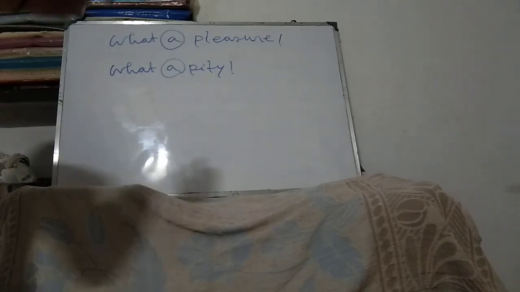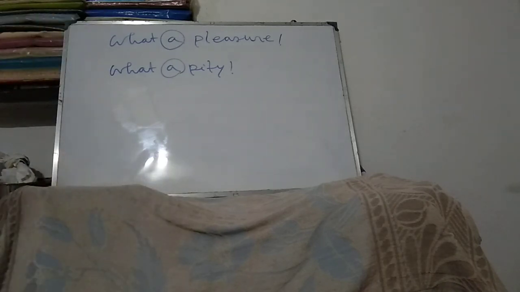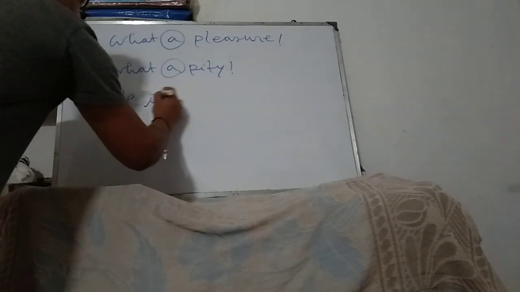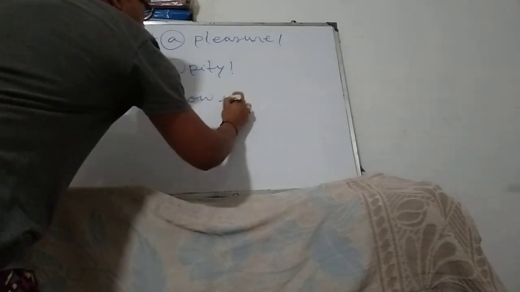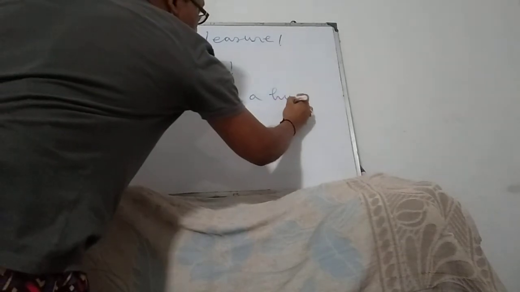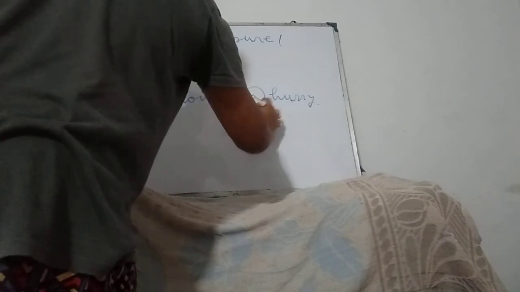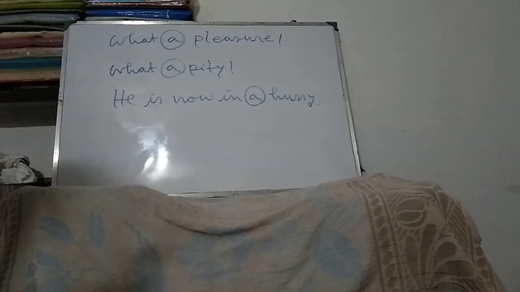In a loud voice. He is in a hurry. He is now in a hurry. Here a is used. There are some particular expressions where a can be used, and in your book the list is given, like a pity, to be at a loss.